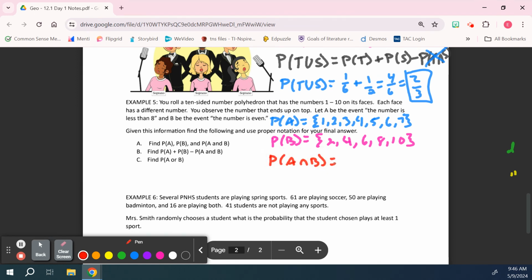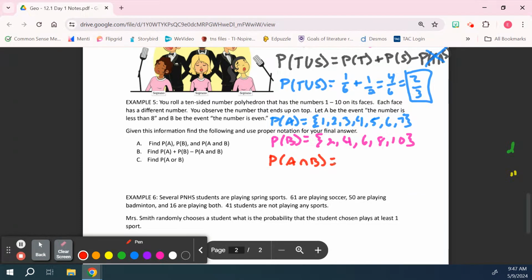Now the question you need to ask yourself is this. Are these events mutually exclusive? If they are, it's equal to 0. If they're not, it's equal to what?